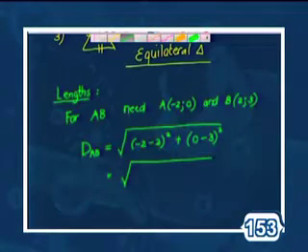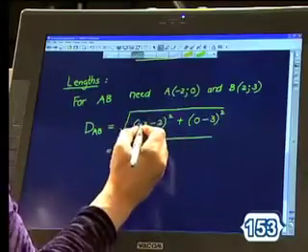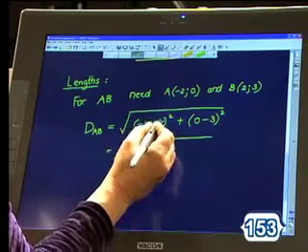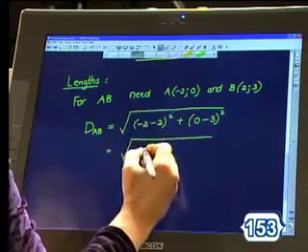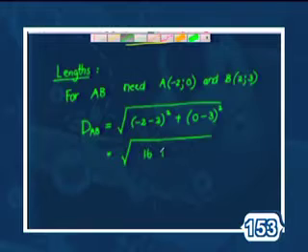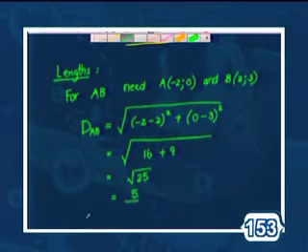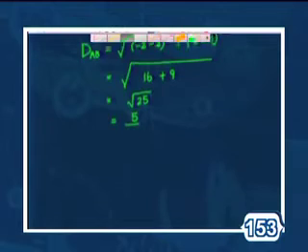You just have to be particular that you put it into the formula and you don't mess up in your arithmetic here. So, -2 subtract 2 is -4. If we square that, we get 16. And 0 subtract 3 is -3, and if we square that, we get 9. So it does look like the distance of my AB is again our familiar square root of 25, which is 5. All right? So now we've done AB.